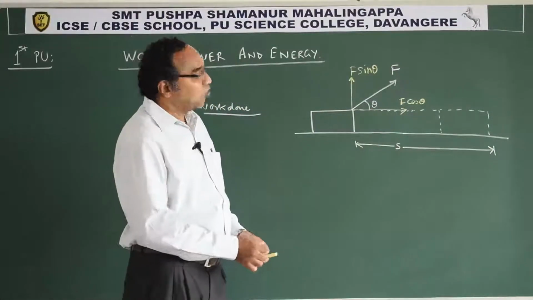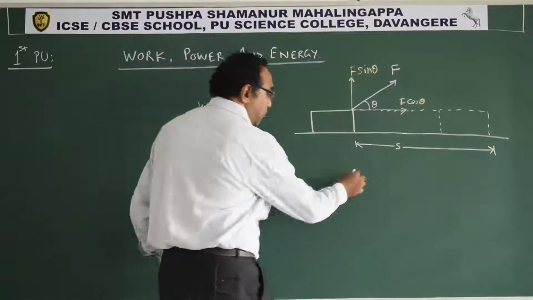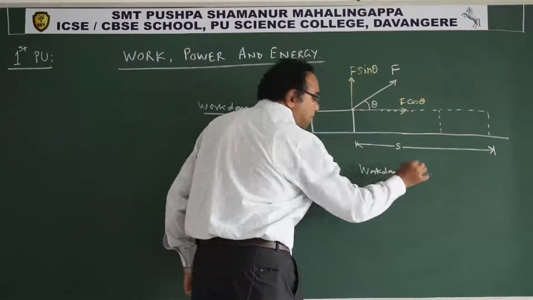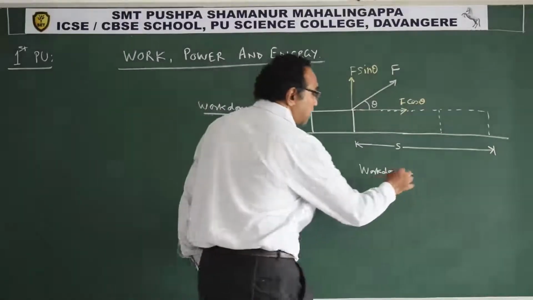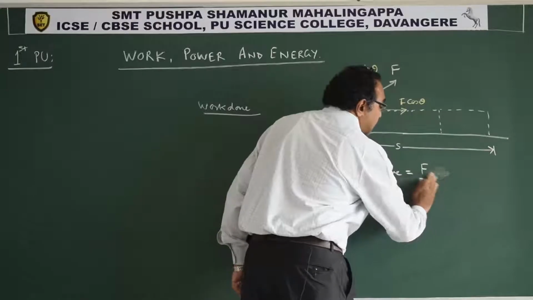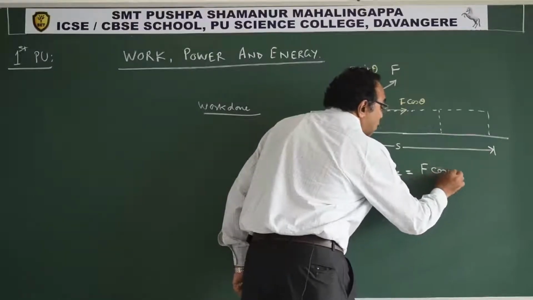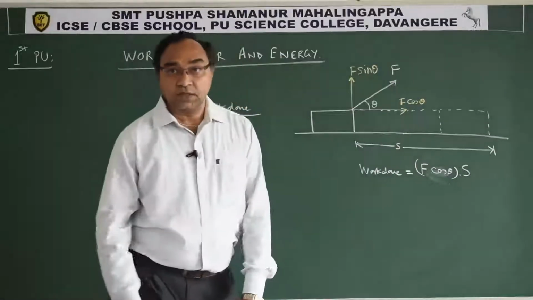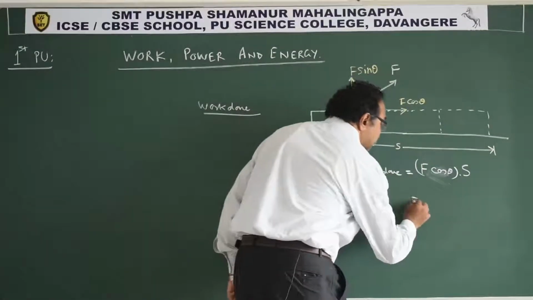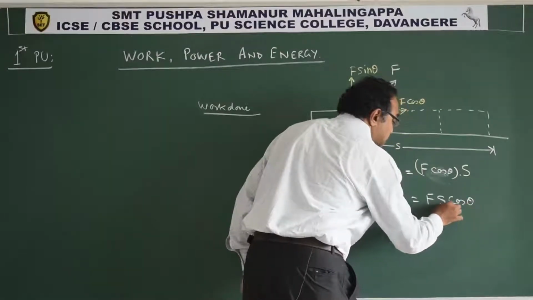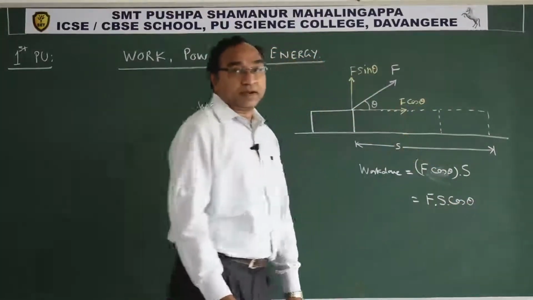So how much will be the work done? The work done is measured as the product of the force component F cos theta and S. This we can write as F S cos theta.